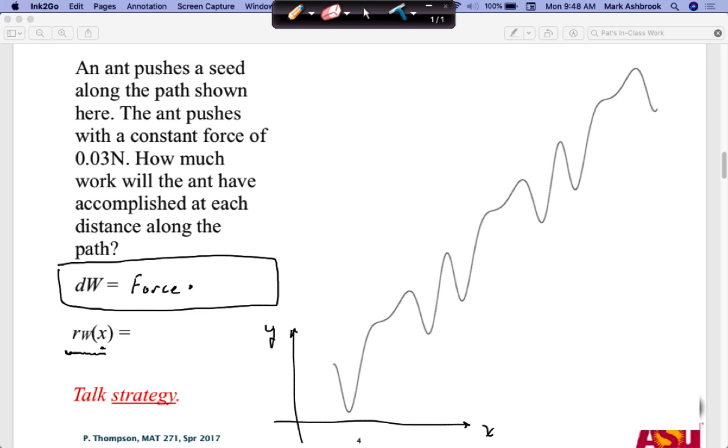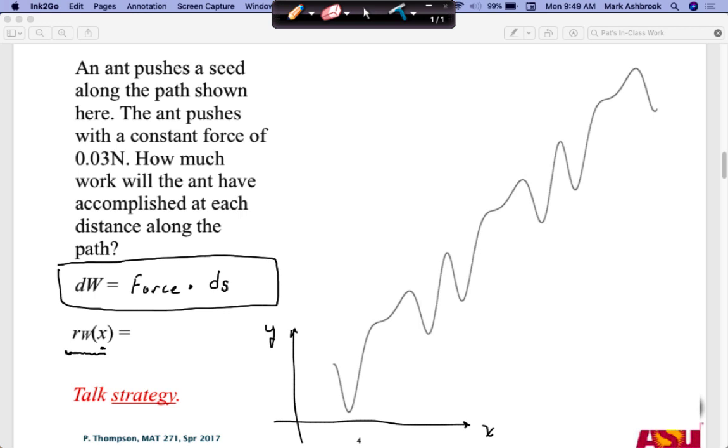What is the distance? A couple people are saying arc length. Is it dx or is it arc length? It's going to be arc length, right? So now we're interested in arc length, but eventually we're going to need it in terms of x, because we want work as a function of x. But when we think about a little bit of work that the ant does, it's going to be according to arc length. So this would be force times ds, little s.